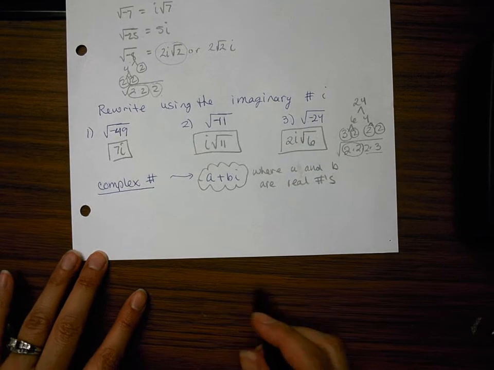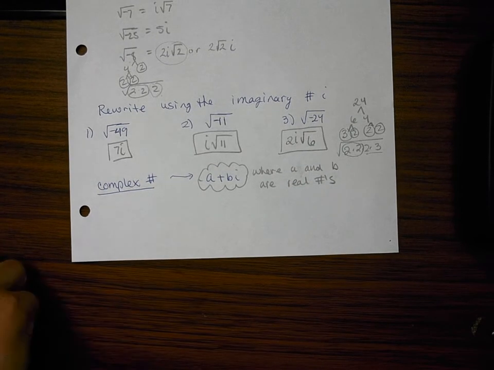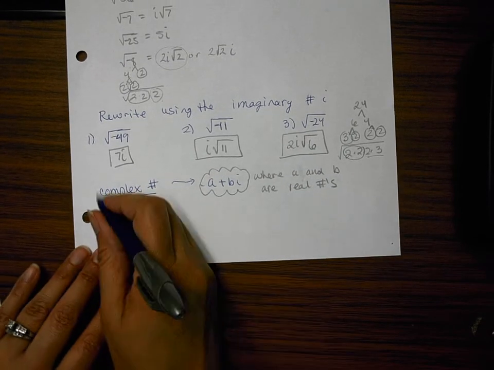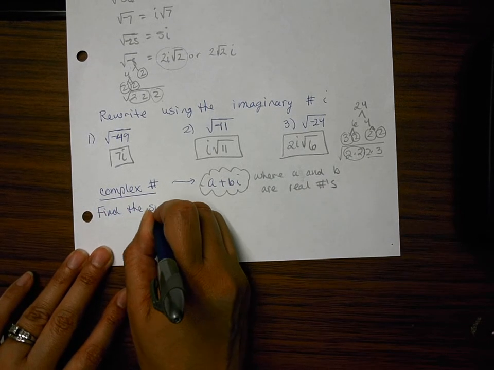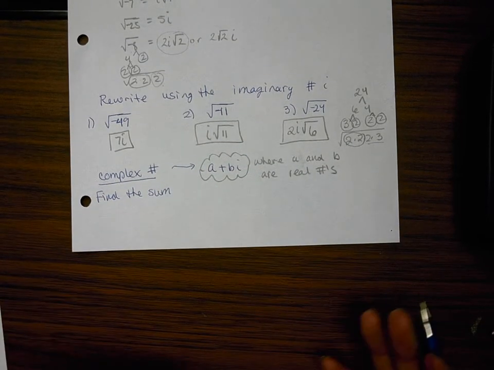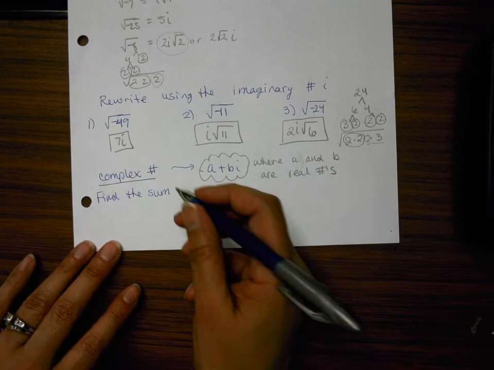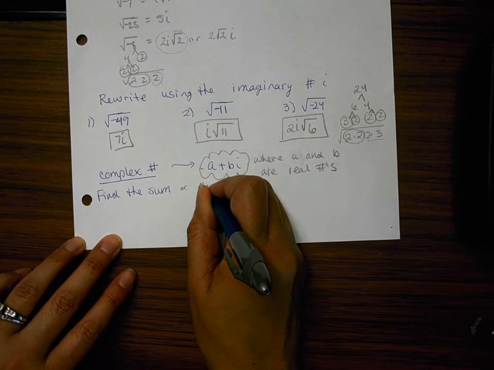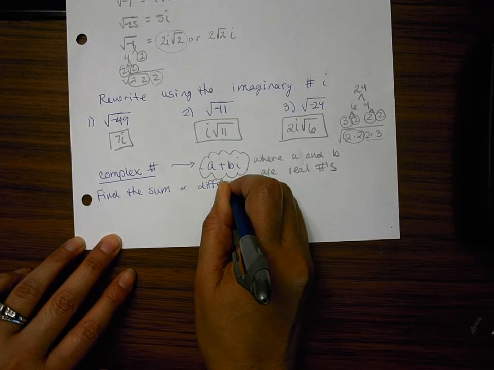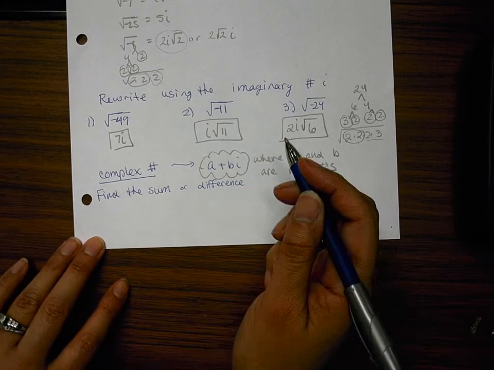Okay, so we are going to find the sum or difference. I'm just going to put find the sum that includes the difference because it could be a minus sign. I'll just put or difference. Okay.